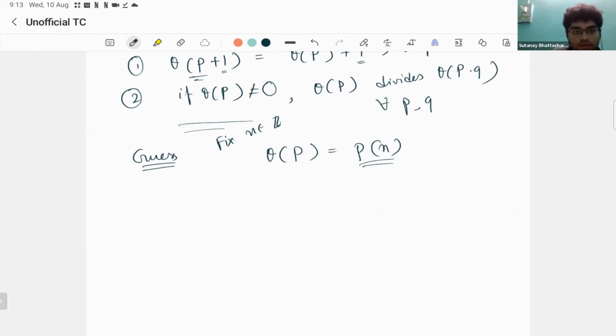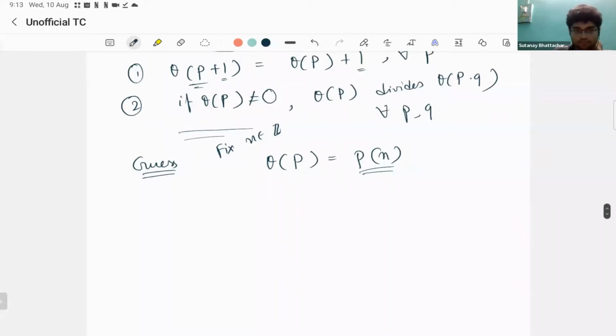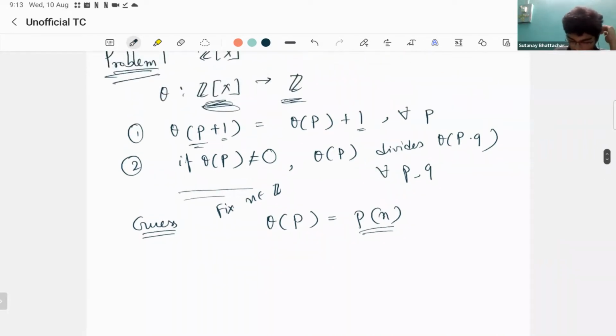So let you guys think about this for a second. As always, it's a good idea to start with small things, like plugging in easy things and see what comes up.